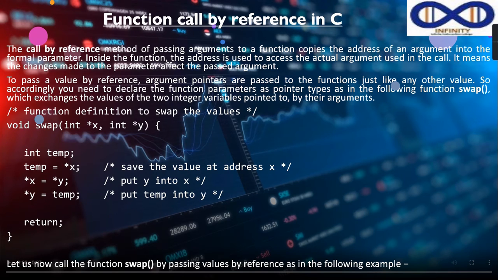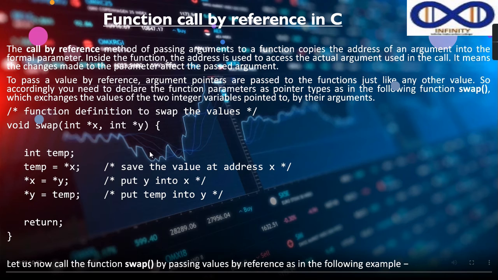Function call by reference. The call by reference method of passing arguments to a function copies the address of an argument into the formal parameters inside the function. The address is used to access the actual arguments used in the call. It means the change made to the parameter affects the passed argument.